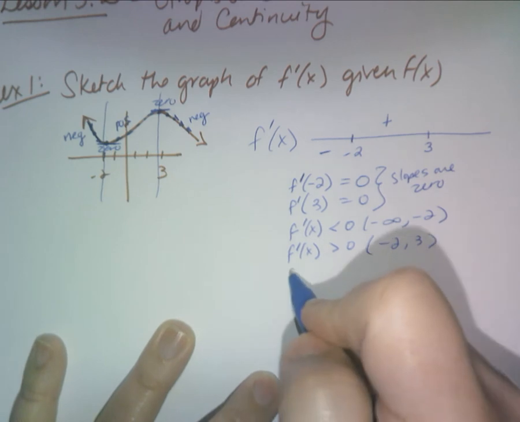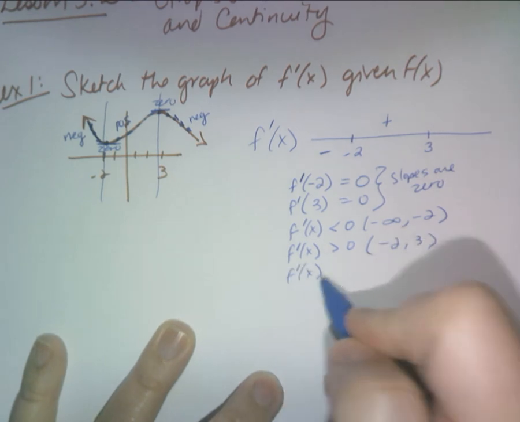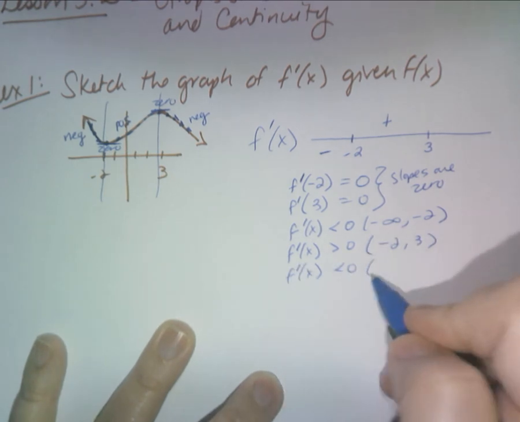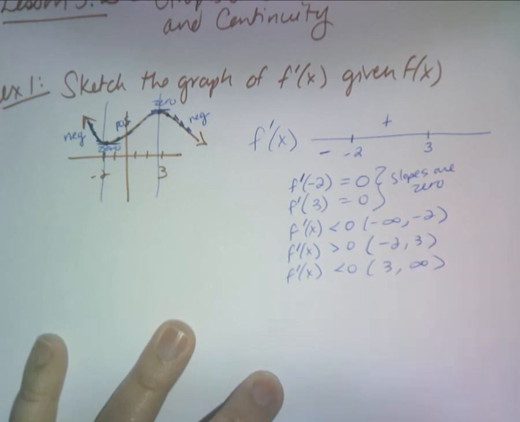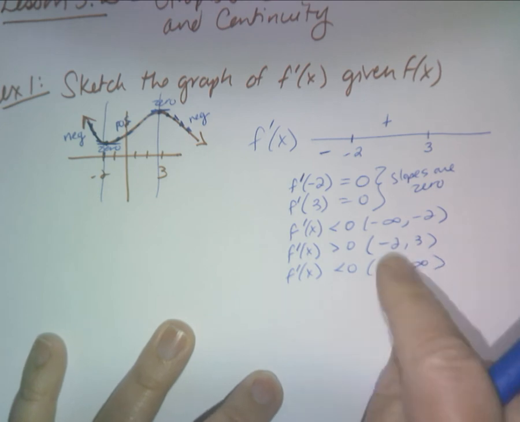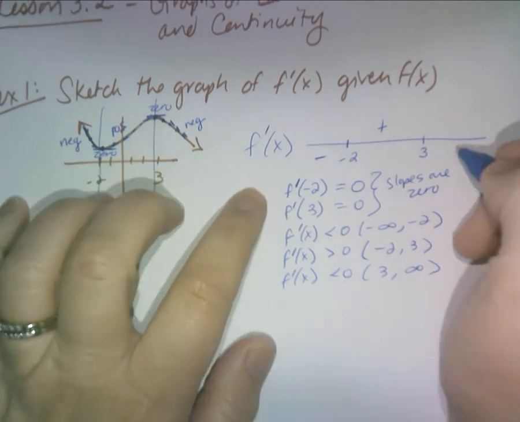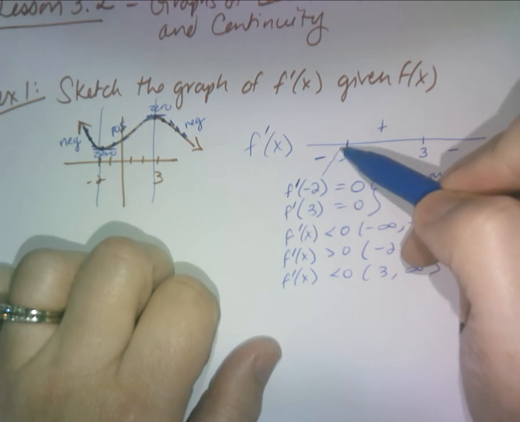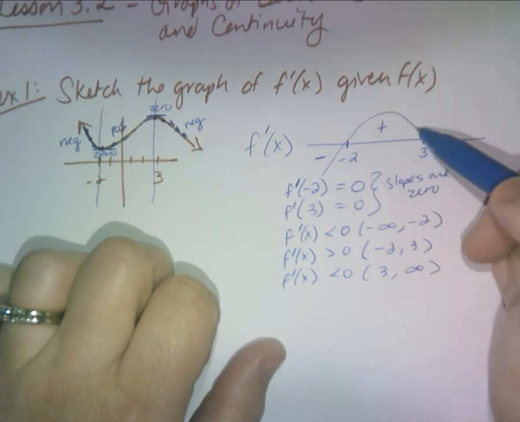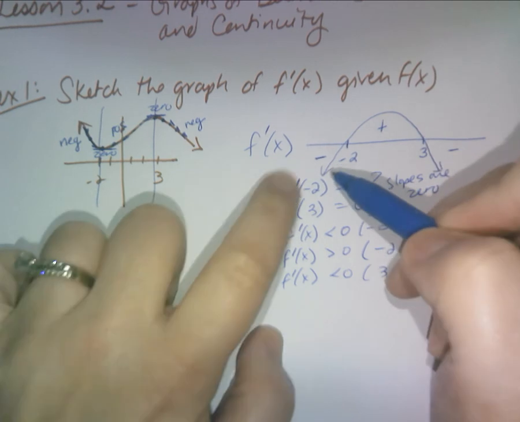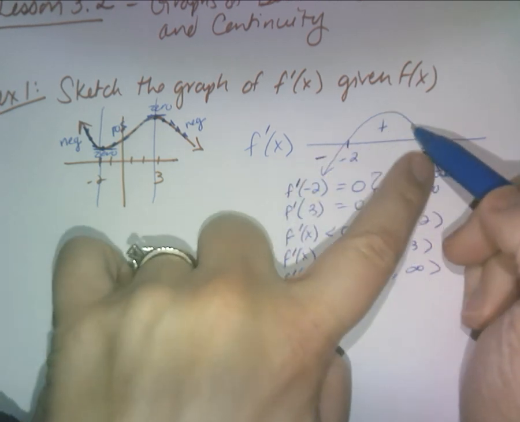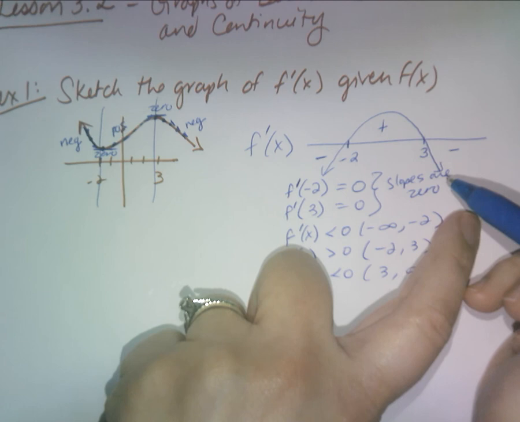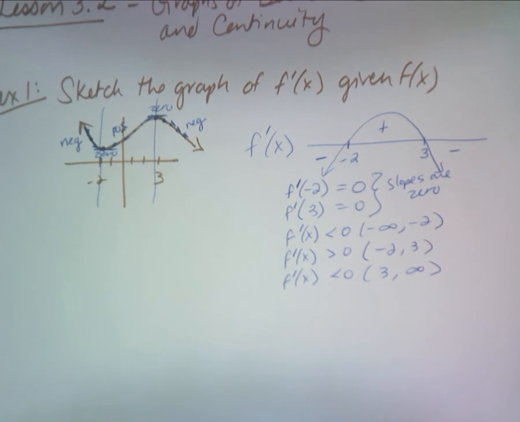Negative again, from 3 to infinity. So how do I draw this? All I need to see is something like this: go up and come down. I'm negative, I'm in the positives, I'm back to being negative. That is the sketch. That's all I need.